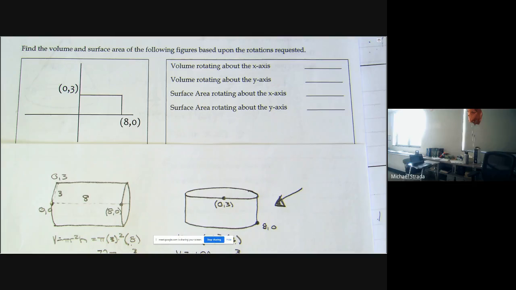Yes, ma'am. I don't know why, I have them backwards for x. That's why we just told you the idea of where it's rotated about. If it's rotated about the x-axis, it's rotating that way.